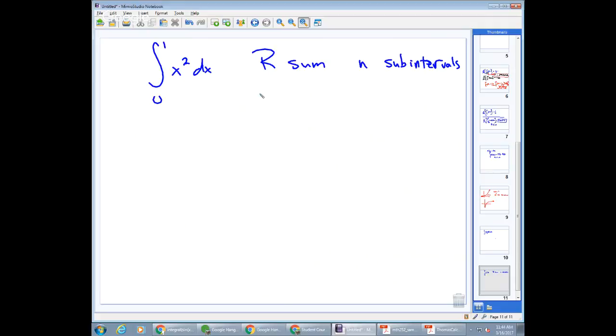So the first thing we have to do is find the width of our interval. That's 1 minus 0, or 1. So delta x is going to be the width of the interval, 1, divided by how many subintervals, n. My x values, x sub k, start at 0, and then I add on k multiples of 1 over n.